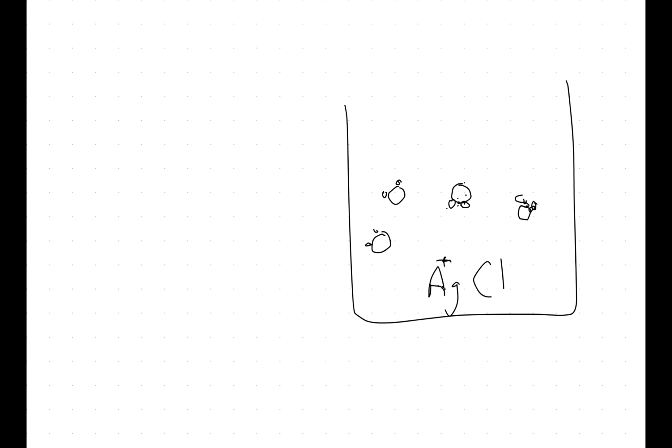How do you think? Silver is positive, so for sure it will not come from the positive side. To attract the silver, it should be from the negative side. So oxygen is negative, so the oxygen of the water will surround all the silver from this way, and will take the silver away, and silver will be here.